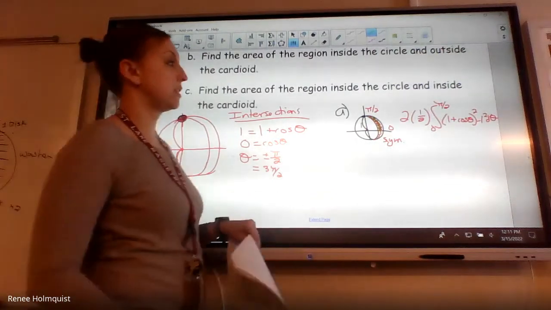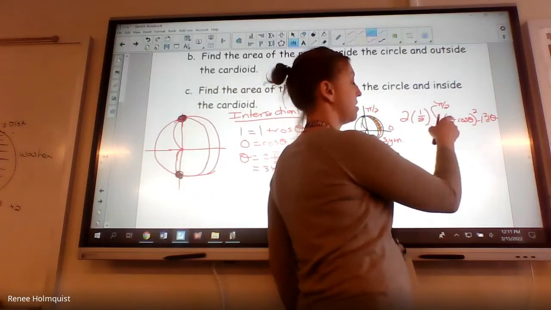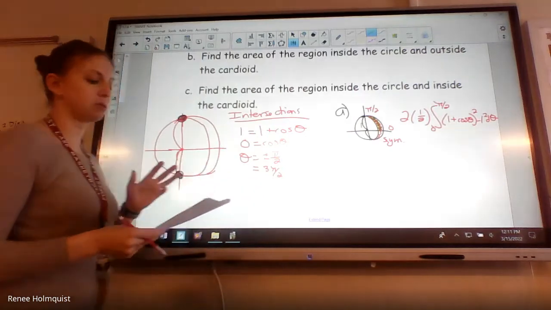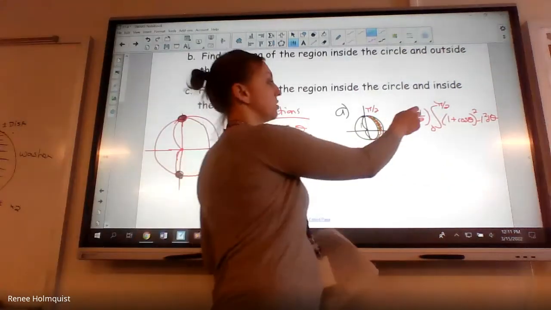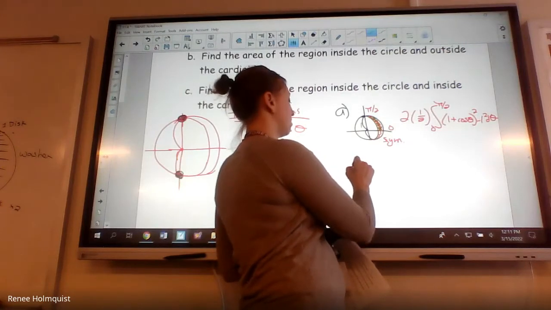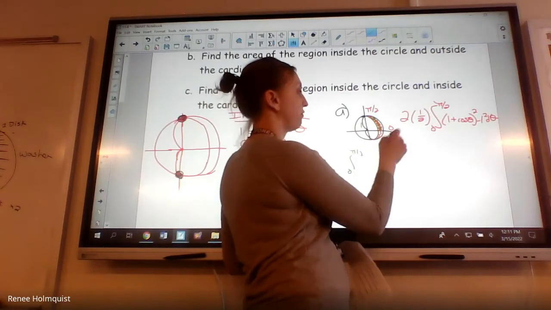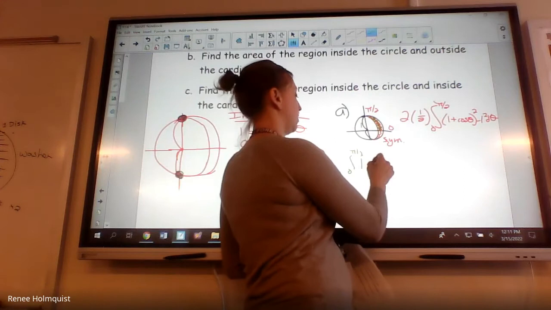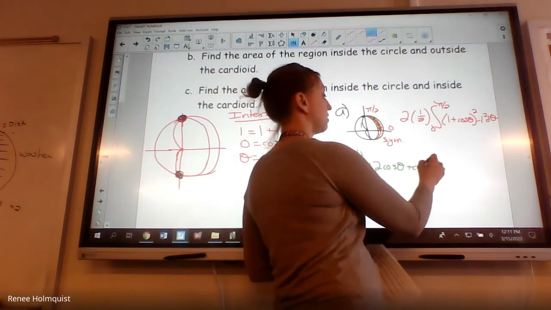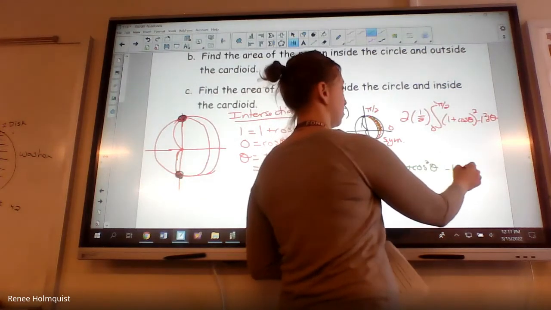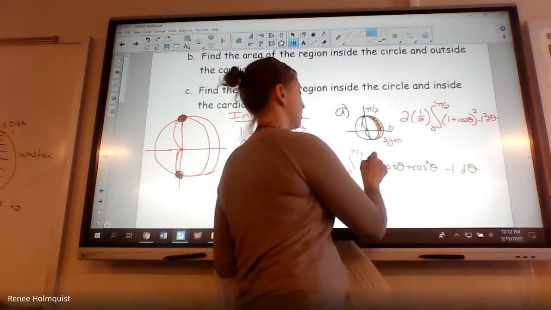Okay, so doing this by hand then, how would I do this? Well, algebraically, what do I need to do? I need to FOIL. So the bounds are going to go 0 to pi over 2. I have to FOIL that thing, so that'd be 1 plus 2 cosine theta plus cosine squared theta minus 1 d theta.